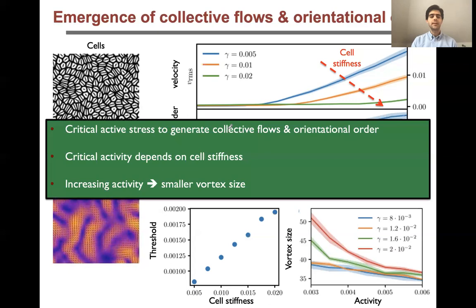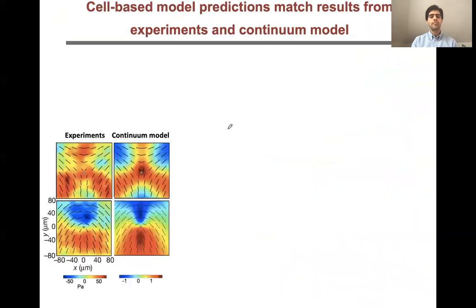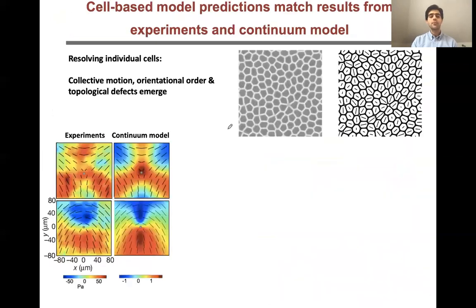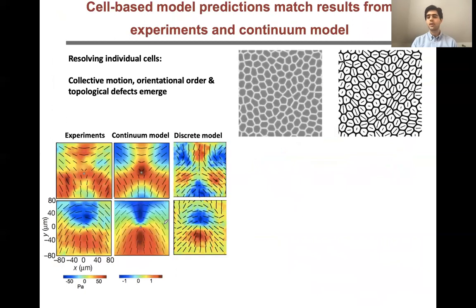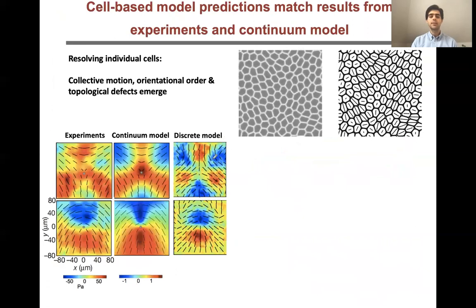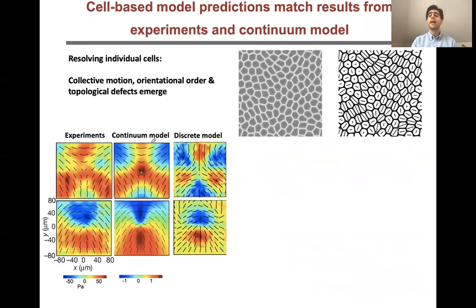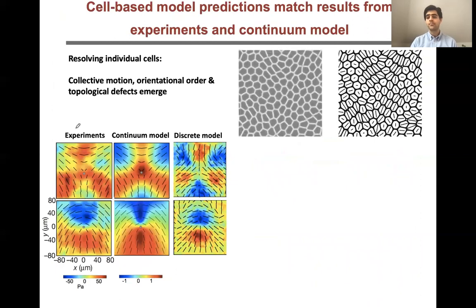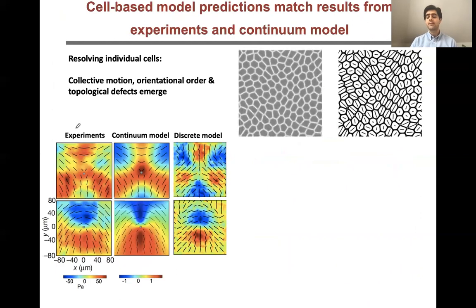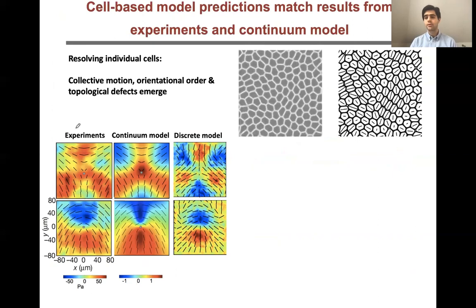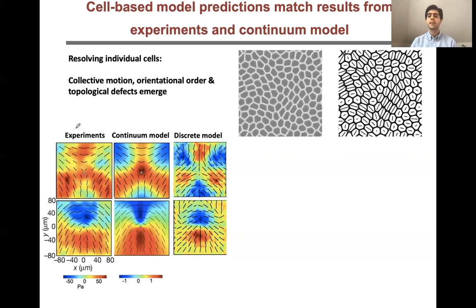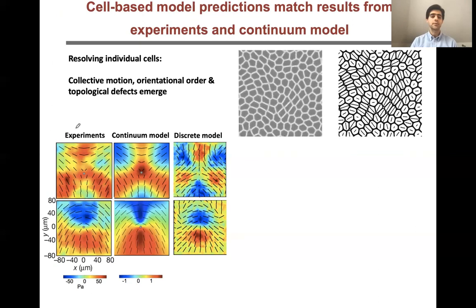But more importantly, using this model, we are also able to capture the stress fields around the topological defect. Again, the stress field from this phase field model matches the continuum model and matches the experiments, which is promising in terms of using this kind of modeling to describe dynamic behavior in cellular monolayers.